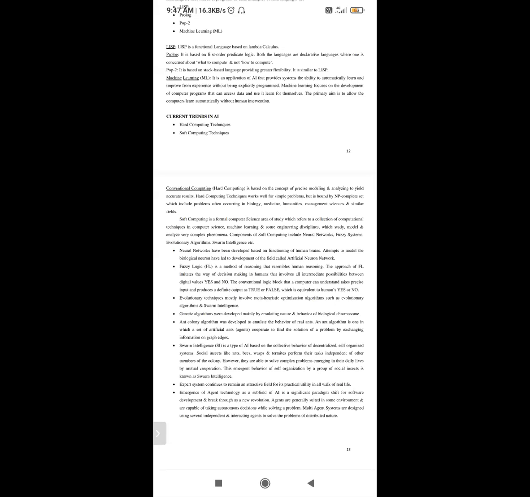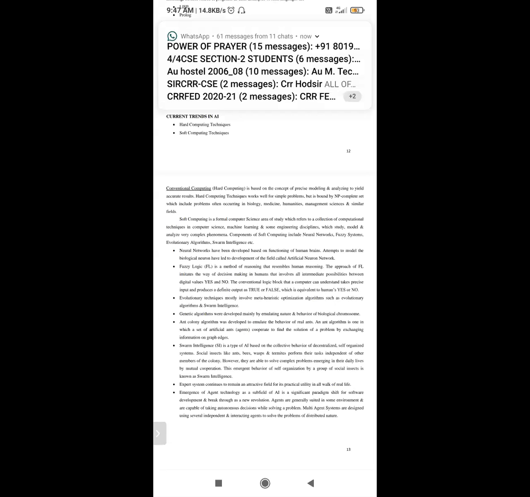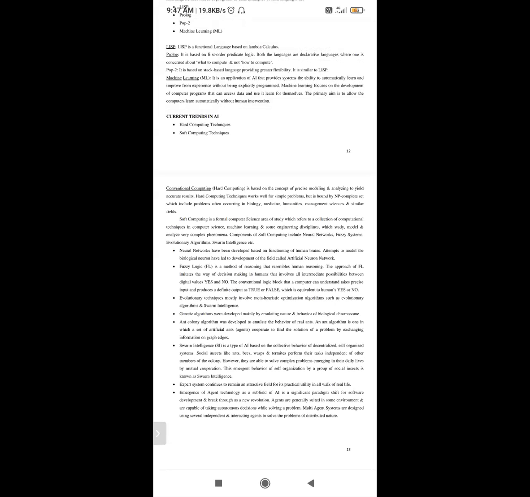The components of soft computing include neural networks, fuzzy systems, evolutionary algorithms, swarm intelligence, etc. The fields where this is used are neural networks, fuzzy logic, evolutionary techniques, genetic algorithms, swarm intelligence, expert systems, agent technology, and so on.